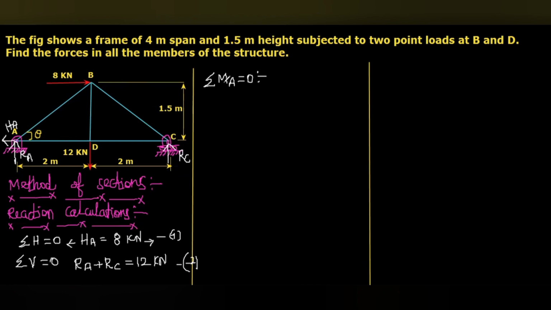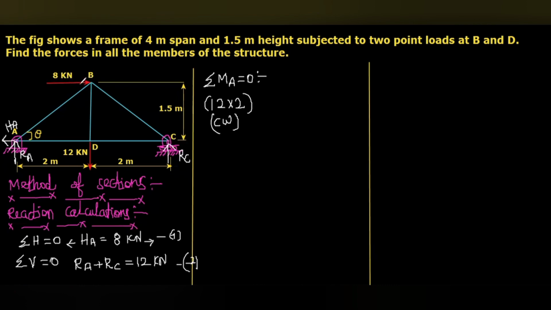So when you take moment about A equal to 0, here we know that this 12 kilonewton multiplied by 2, the 12 into 2, that will be in clockwise. So 12 multiplied with 2. This is in clockwise direction.